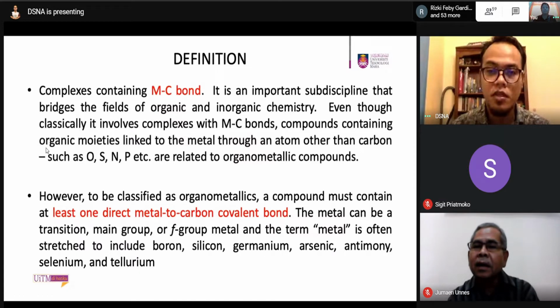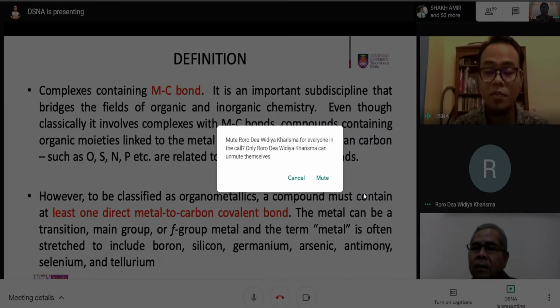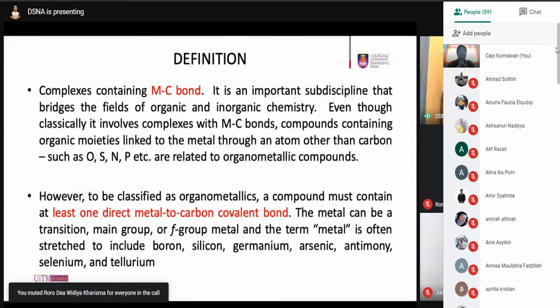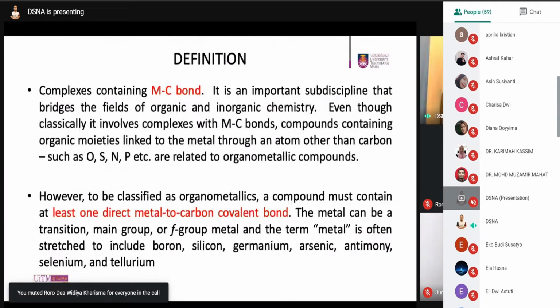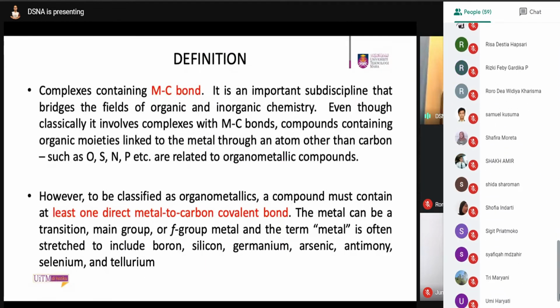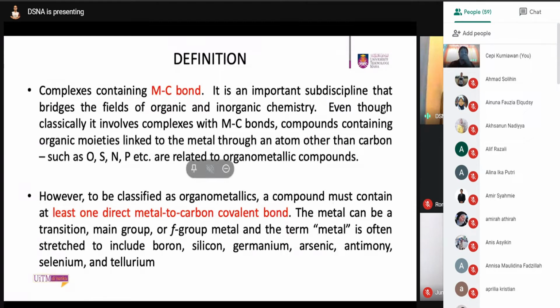For a compound to be classified as an organometallic compound, it must have this metal to carbon bond. We cannot say that as long as we have a metal and an organic compound in any given complex, it is organometallic, not until we see that there is an obvious bond between metal and carbon.